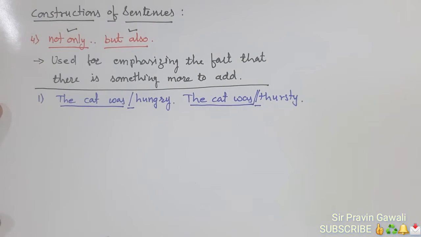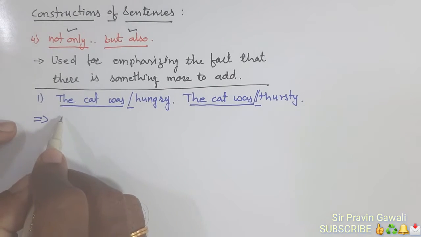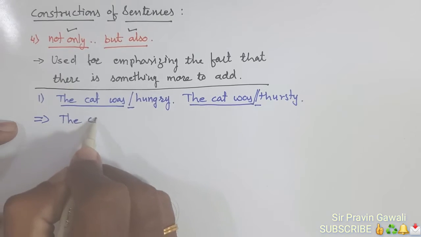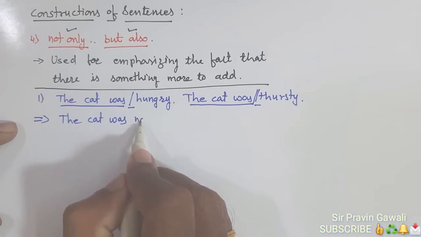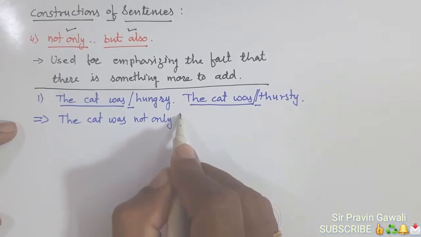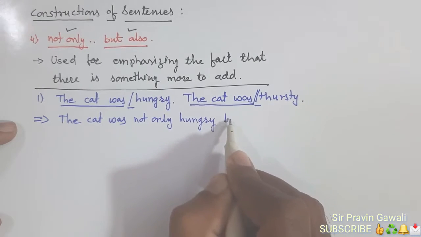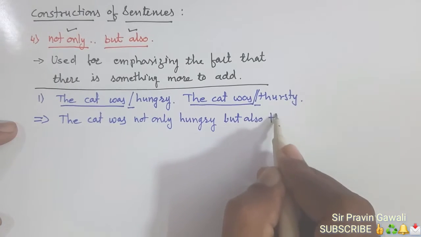Now we can use not only and but also to construct these sentences. The construction will be like this. First of all we will write the similar part. The cat was not only hungry but also thirsty.